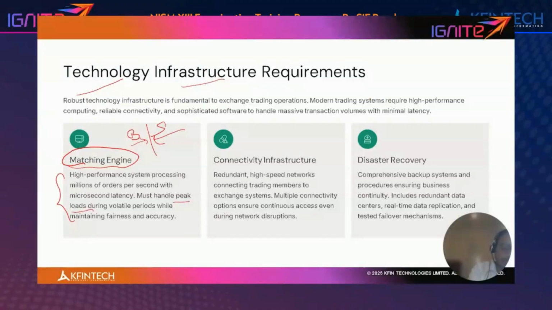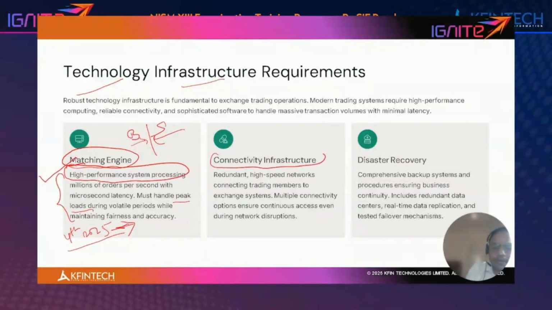For example, we saw that during the budget day in the year 2025, a lot of exchanges could not process the orders because so many orders were coming in, the system went down, right? Especially in the mutual fund section we have seen that, or in certain other products also. So because this matching engine requires high performance, the trading infrastructure should have a high performance matching engine.